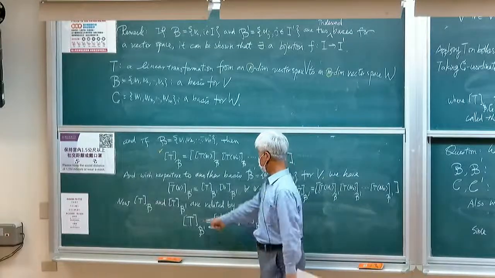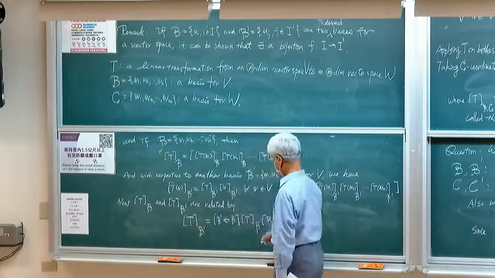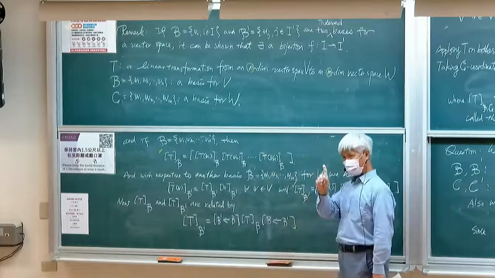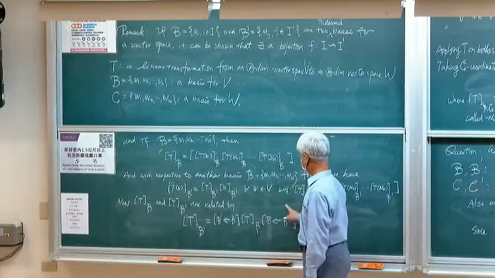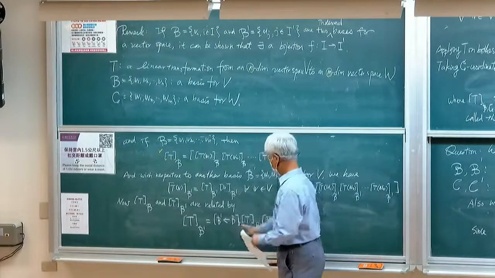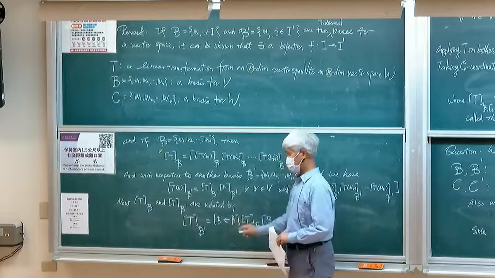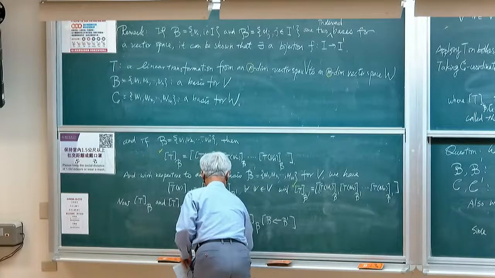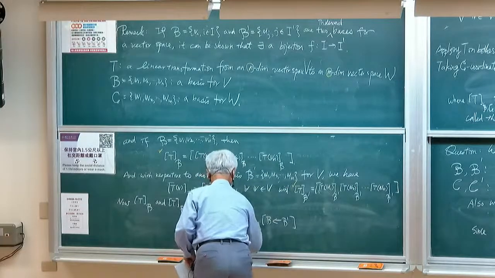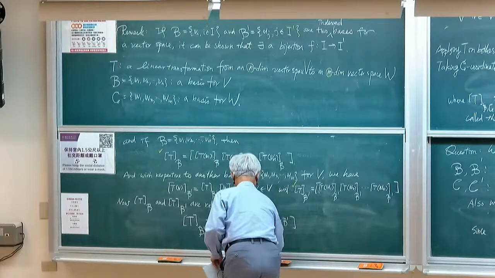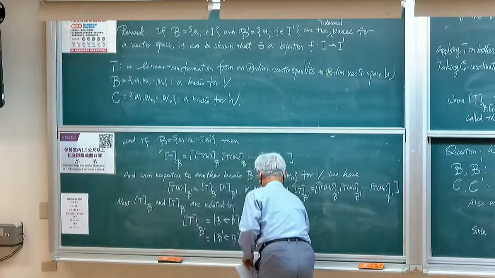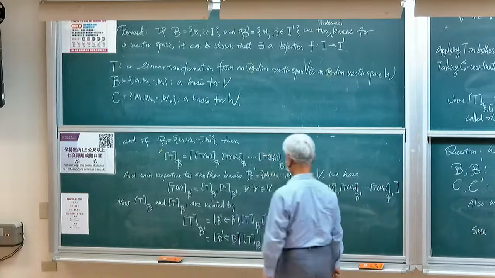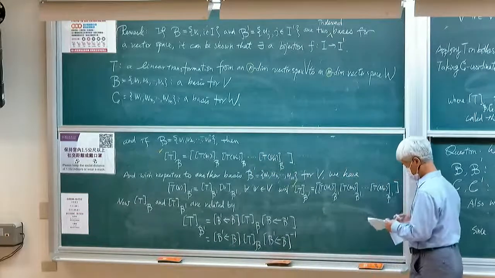Okay, so finally you get this matrix representation here. But in this situation, you see that this one is the inverse of this. Okay, so that you have the inverse of that.